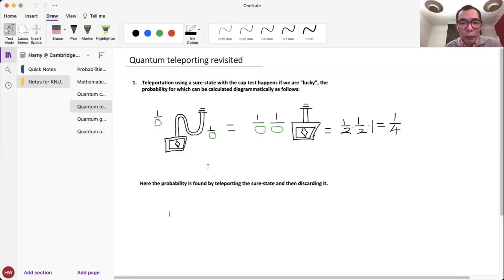So if now we want to teleport a cap state, which we do like this, and then we want to discard it, we want to see the probability that the cap test will happen, right?